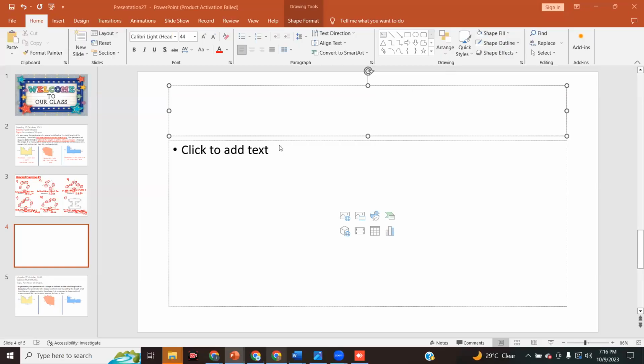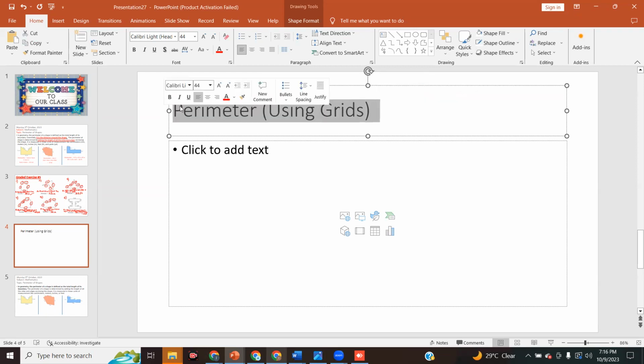Let's move on to section 2. So this is perimeter. Write this down for me, please. Perimeter. But this time we're going to be using grids. Let's look at the first example.